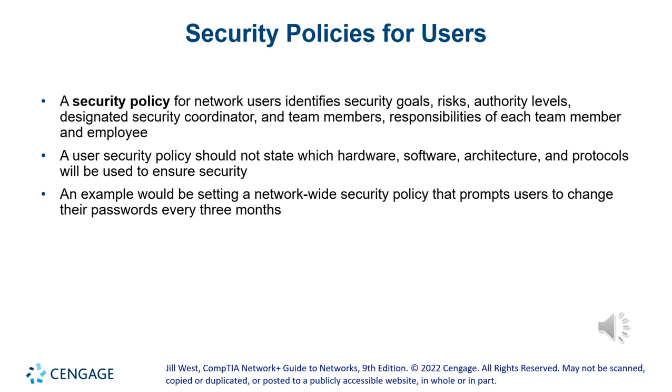So to wrap all this together, you need a security policy. Any organization should have a security policy that identifies the goals, your risk, authority levels, what happens when something happens, who reacts, and what the procedure is to mitigate any problems.